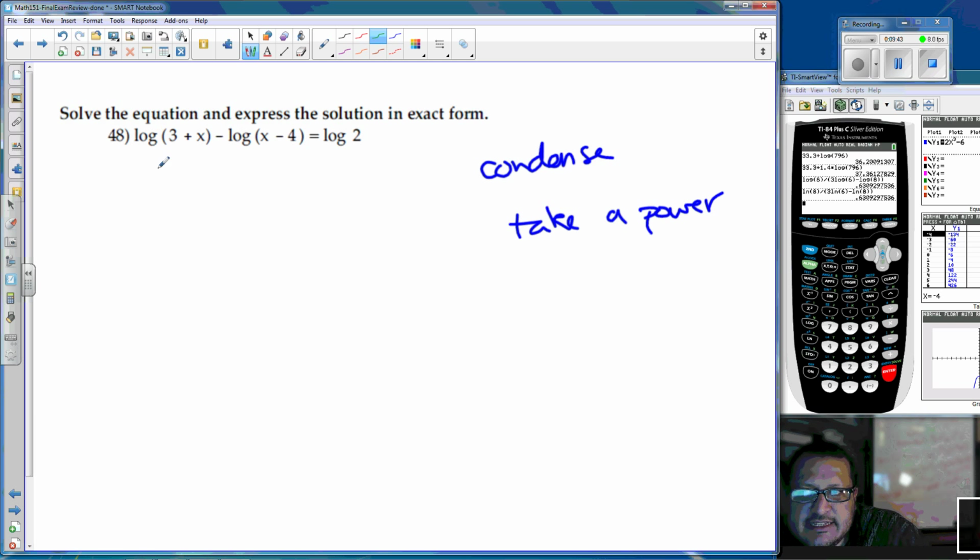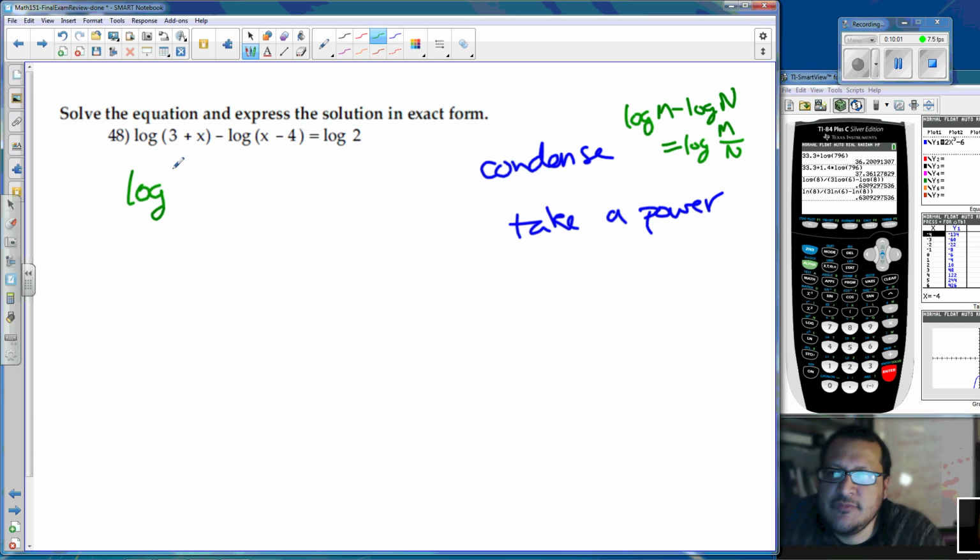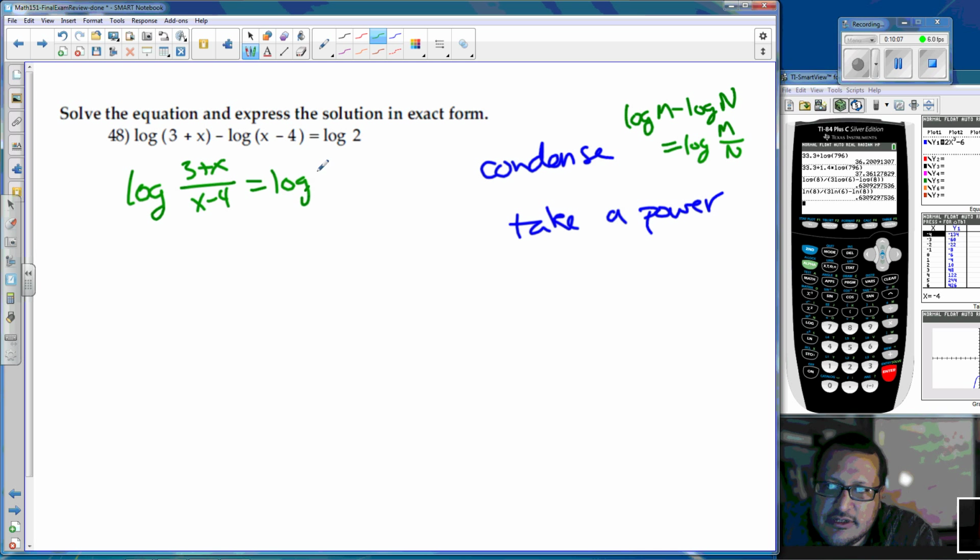Now this is minus, so that tells us that's the same as division, using the rule log m minus log n equals log m over n. So this is log of 3 plus x over x minus 4 equals log 2.